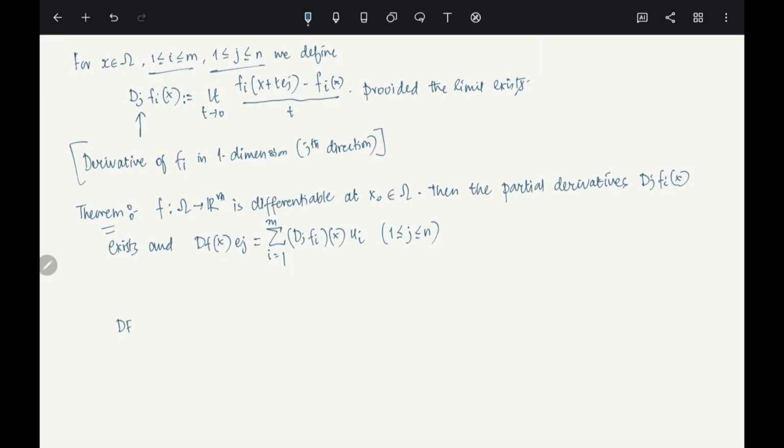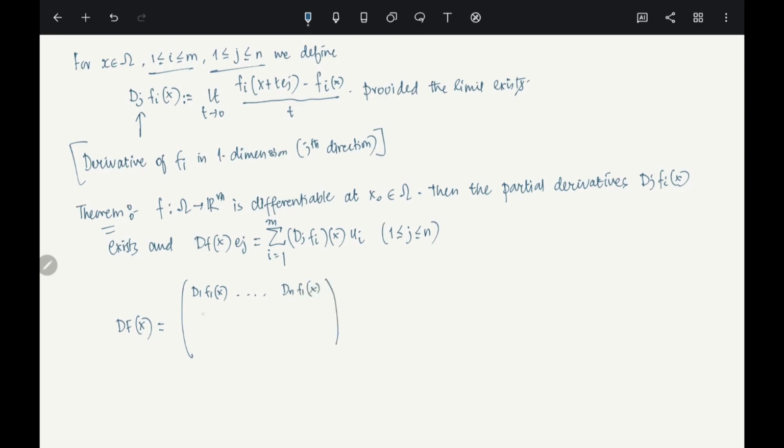Essentially, if you want to write down what is df at the point x, this is nothing but d1 f1 at the point x, up to dn, the partial derivative with respect to xn, so the nth direction of f1 with respect to x.